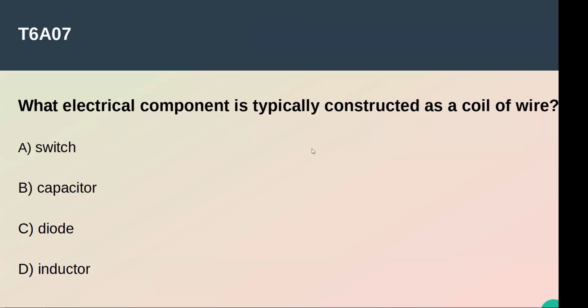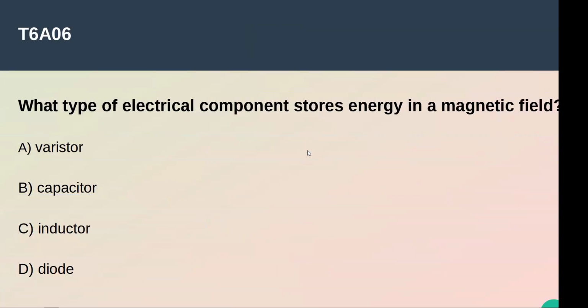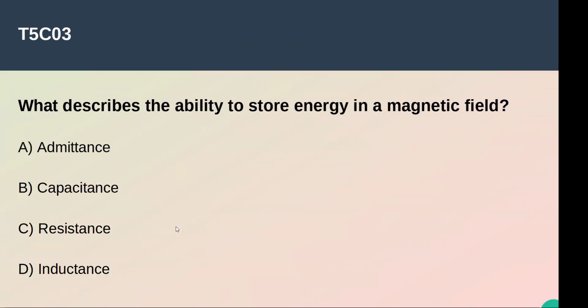What electrical component is typically constructed as a coil of wire? Delta. What type of electrical component stores energy in a magnetic field? C, inductor. What describes the ability to store energy in a magnetic field? Capacitance.